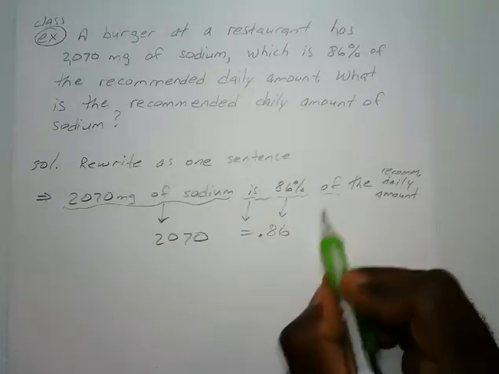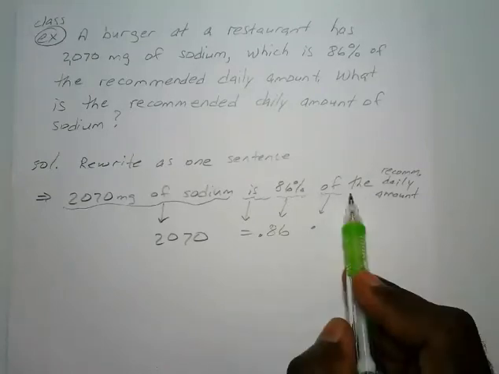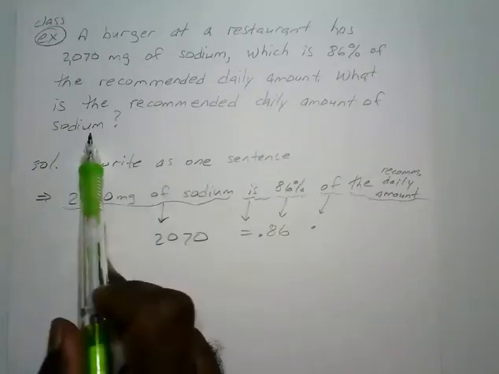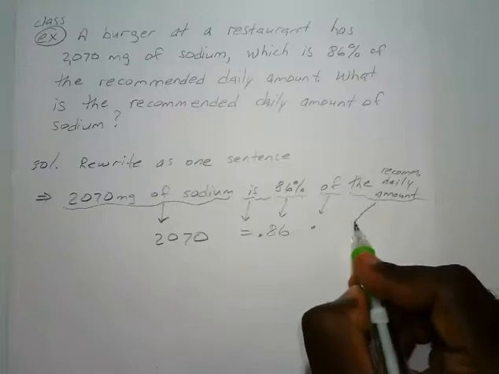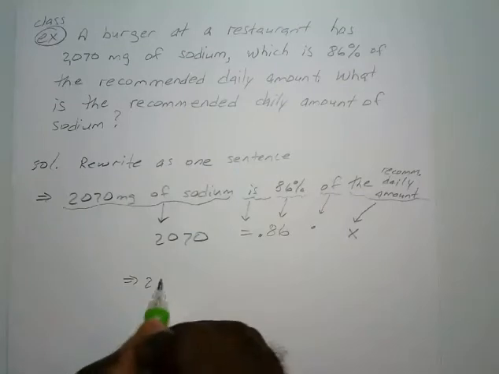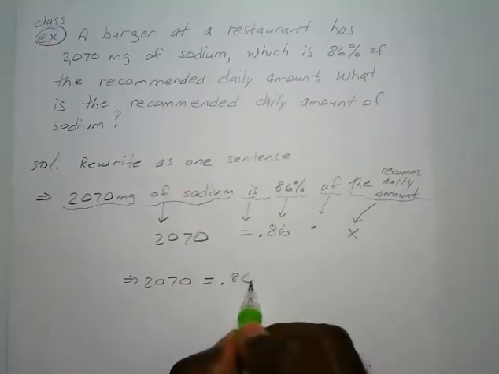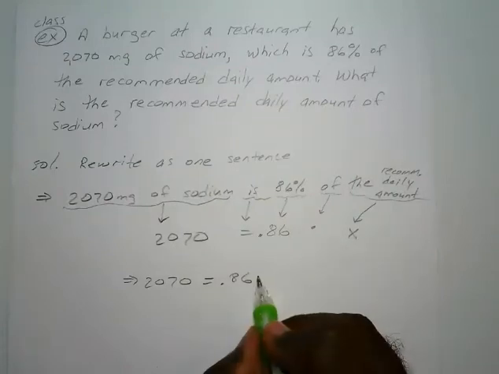Of, remember that's multiplication. And the recommended daily amount, that's our unknown. Okay, so that gives us 2,070 equals 0.86 times x.